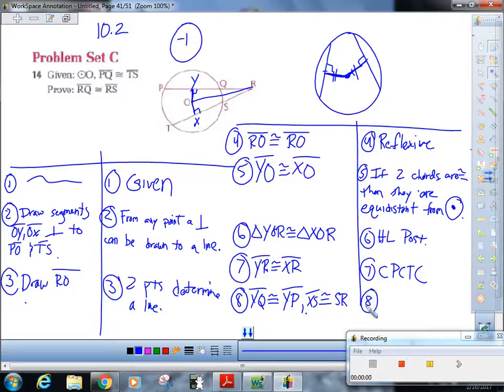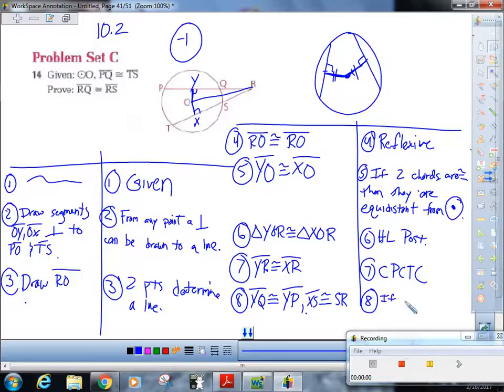And my reason would be the segment that represents the distance from the center of the circle to a chord is the perpendicular bisector of that chord. Holy cow.